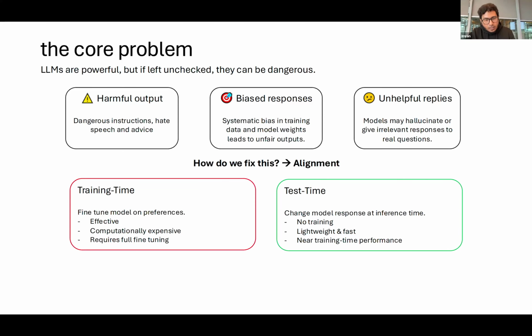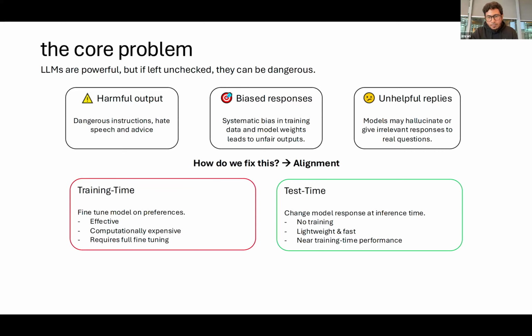But the caveat is that it's computationally expensive, and it requires full fine-tuning of the LLM. It's not always feasible, because if we want something very quick, or have a dataset that we want to align this LLM to, we need to do the training. Also, even for 7 billion parameter models, we need very high-end GPUs, like 4 or 8 GPUs.